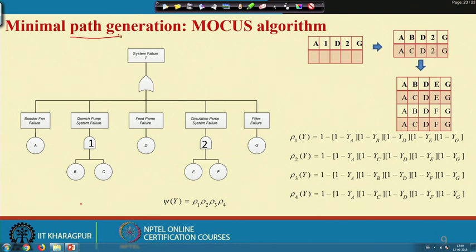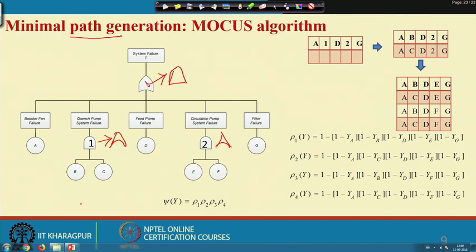The first option is you just convert OR gate into AND gate and AND gate into OR gate, and then you do the same thing that you have done in minimal cut representation, meaning you have to find the minimal cut of this converted fault tree.